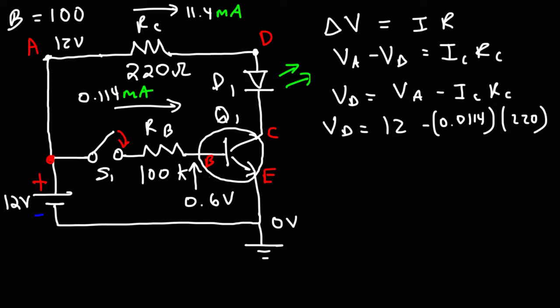So 12 minus 0.0114 times 220, that gives us a potential at point D, which is 9.492 volts.